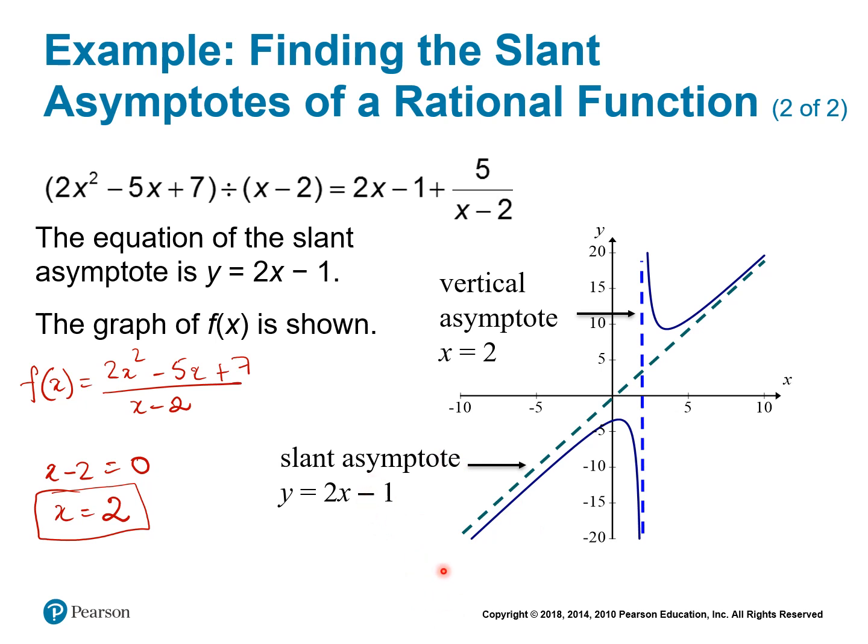So now that we have two asymptotes, our rational function graphs are going to have one end going along the vertical asymptote and another end of the graph going along the slant asymptote. Same here also across the x-axis here. Okay.